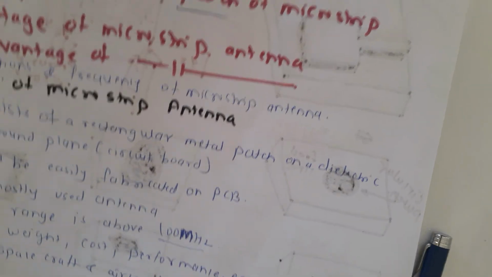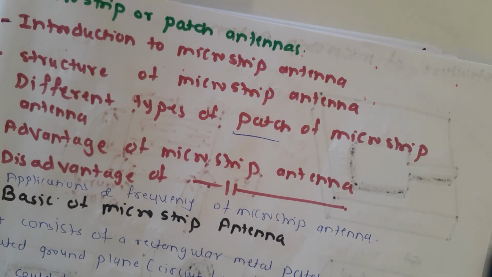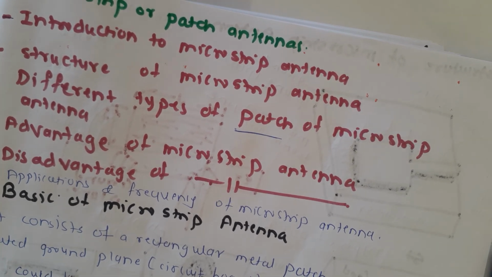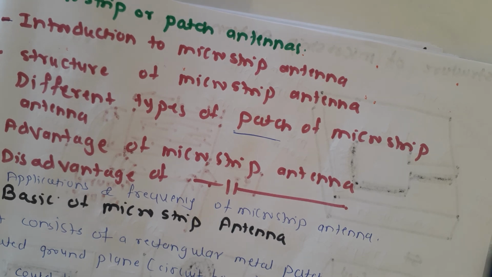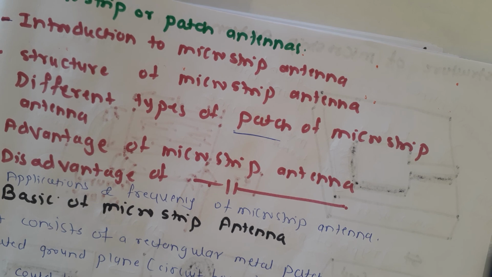Then we'll see the basics of the microstrip antenna, then the structure and working of the microstrip antenna, how it radiates on half planes, then how it generates the standing wave. It is used for multiple applications. Then different types of patch of microstrip antenna like triangular, square, elliptical, hexagonal. Advantages and disadvantages of the microstrip antenna, application and frequency range of the microstrip antenna.